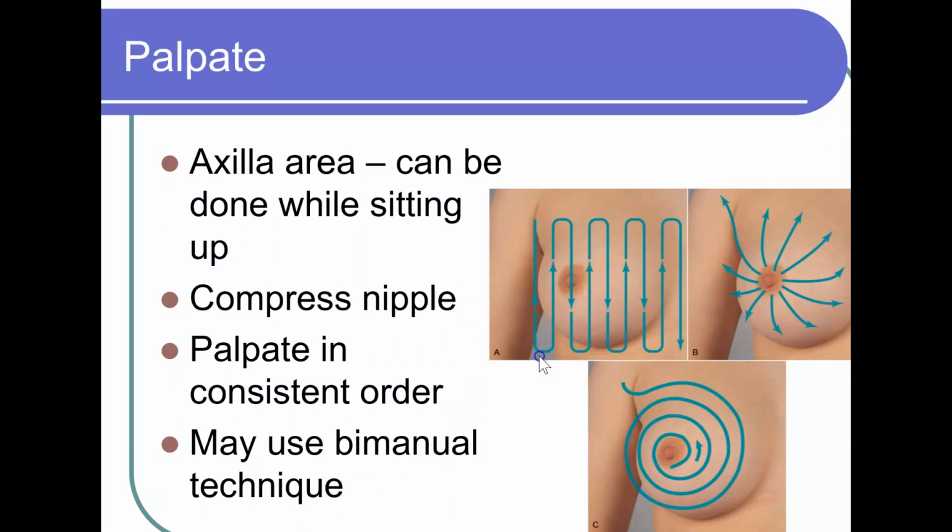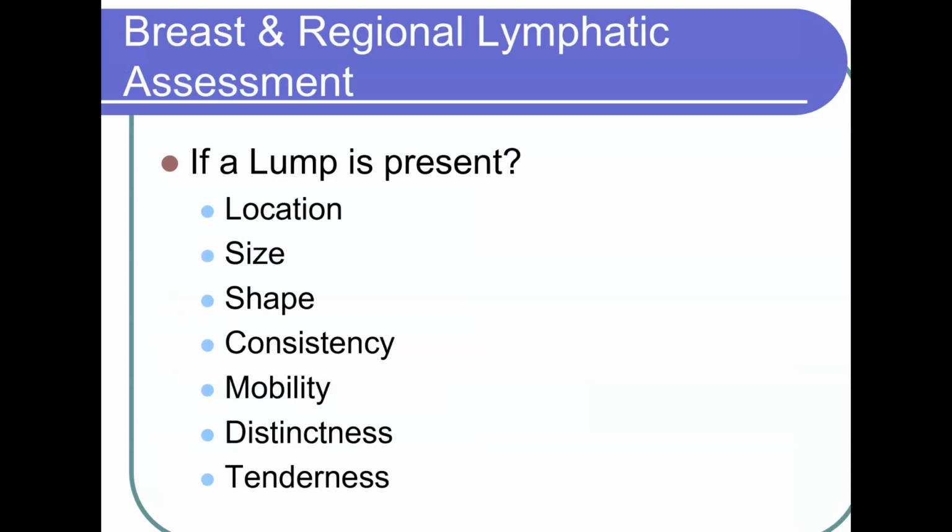You can go up, down, up, down. You can go out, and then you can also start at the nipple and go out in a circular motion. You can do all those ways to assess whether or not a person has breast cancer.